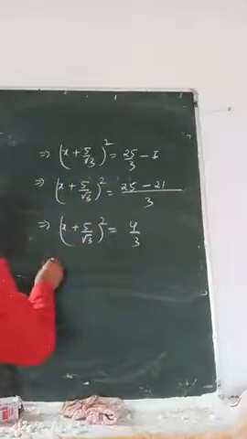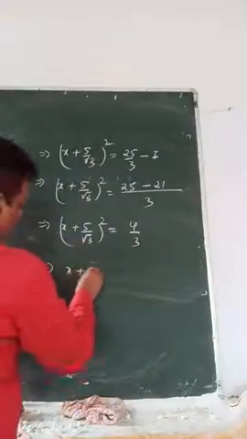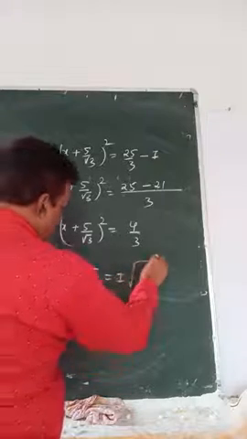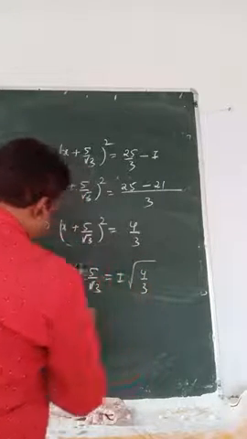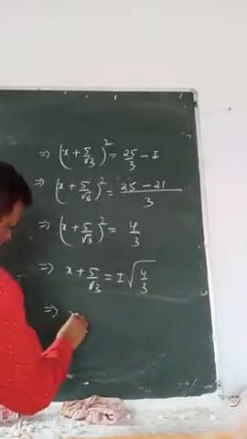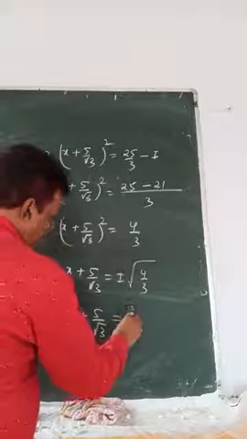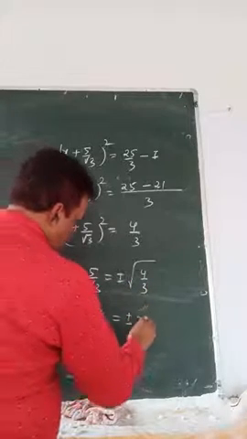Then implies x plus 5 by root 3 equals to plus minus root of 4 by 3. x plus 5 by root 3 equals plus minus, root 4 is 2, by root 3.